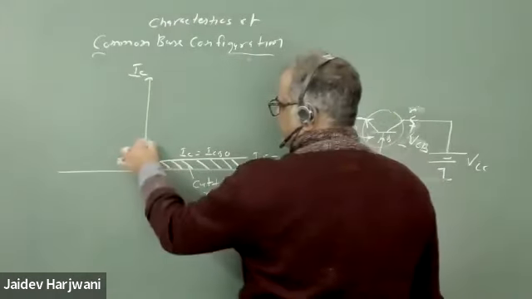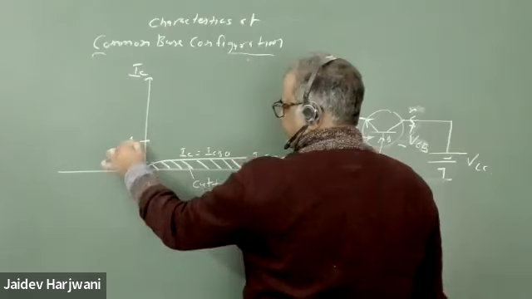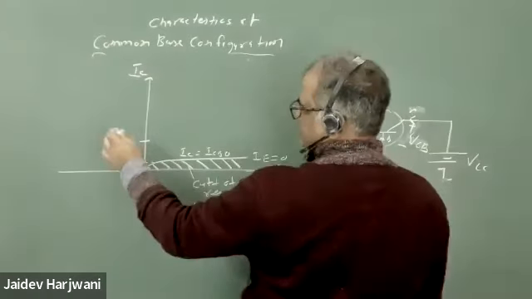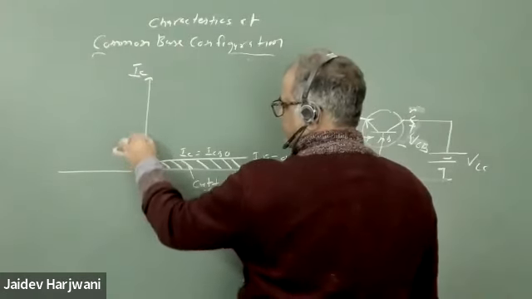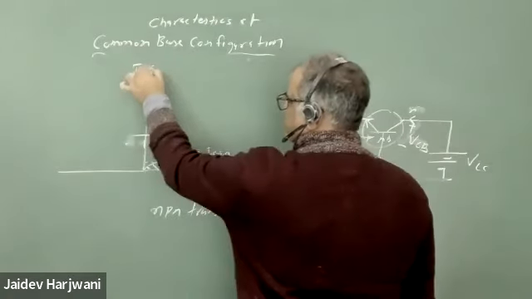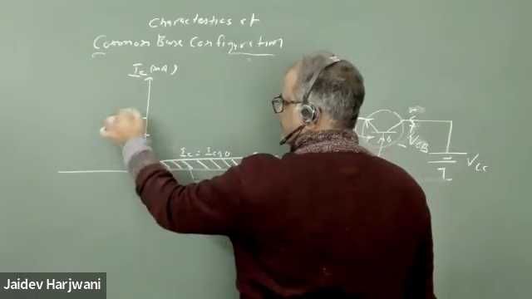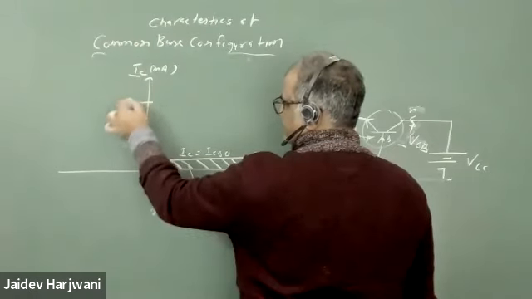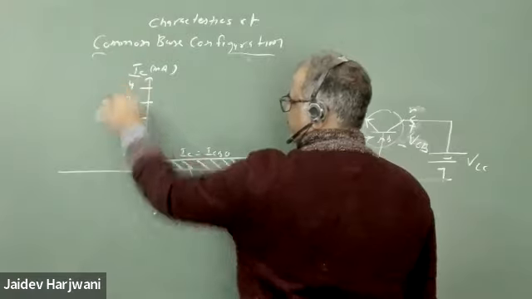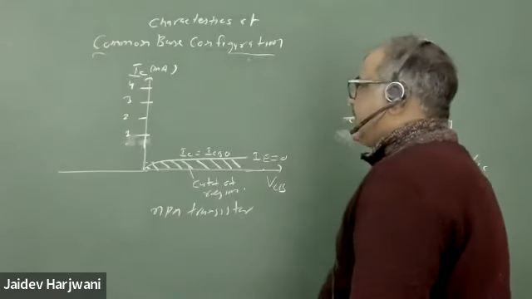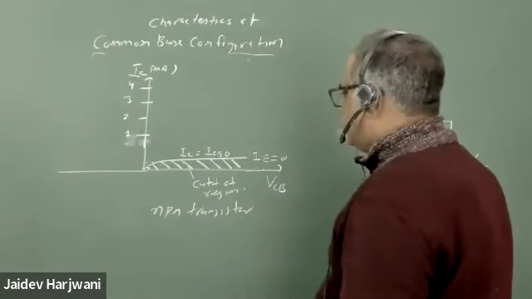Say this is IC in milliamperes. Say this is 1, this is 2, somewhat less than 2, this is 3, this is 4. Now I know IC will be almost equal to IE.